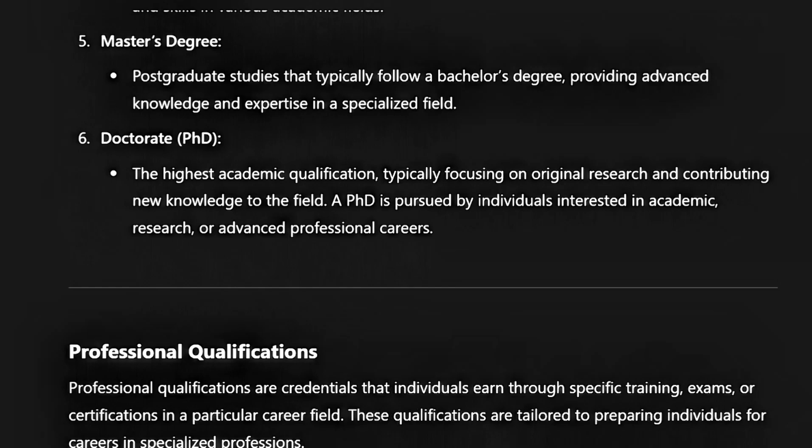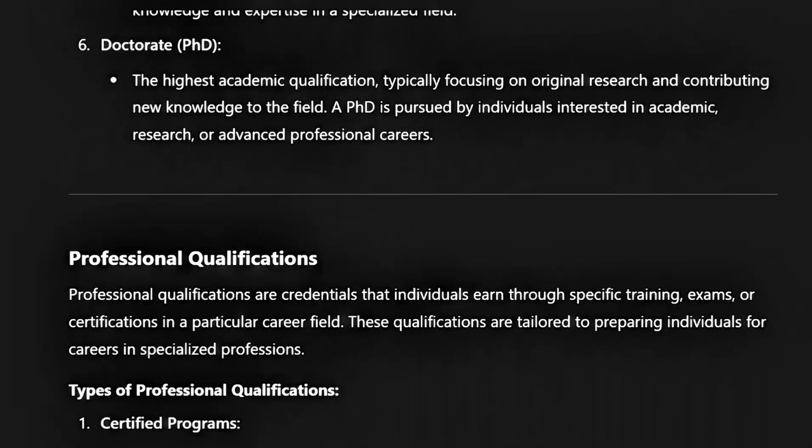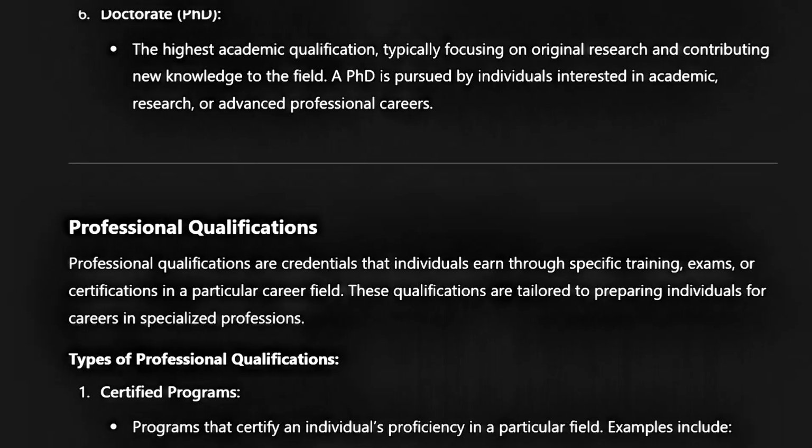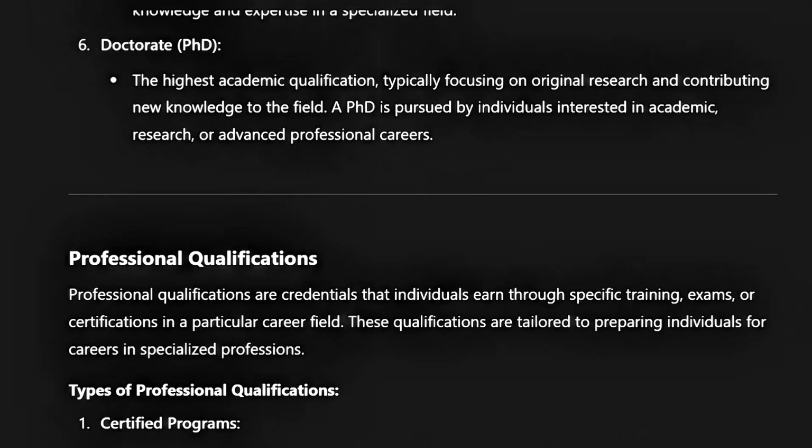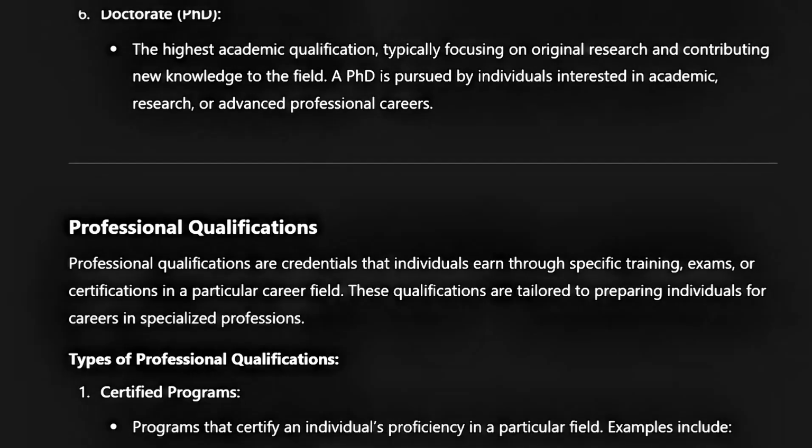Postgraduate studies that typically follow a bachelor's degree, providing advanced knowledge and expertise in a specialized field. 6. Doctorate, PhD. The highest academic qualification, typically focusing on original research and contributing new knowledge to the field. A PhD is pursued by individuals interested in academic, research, or advanced professional careers.